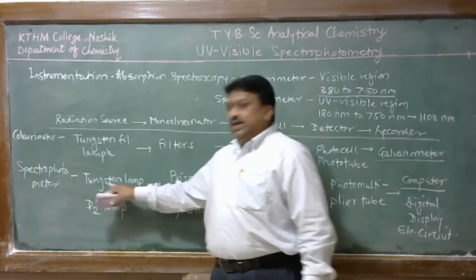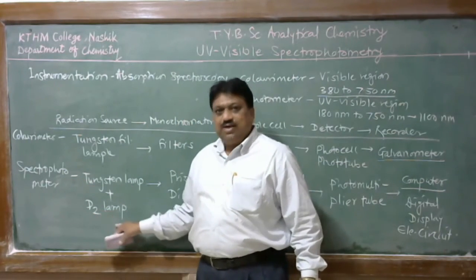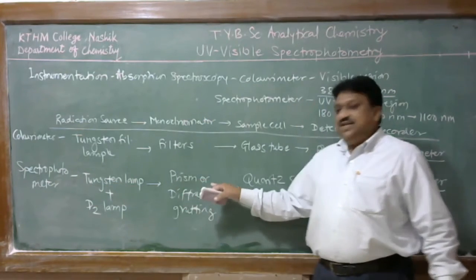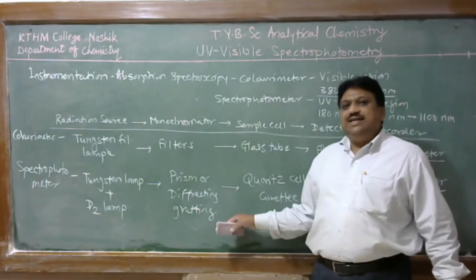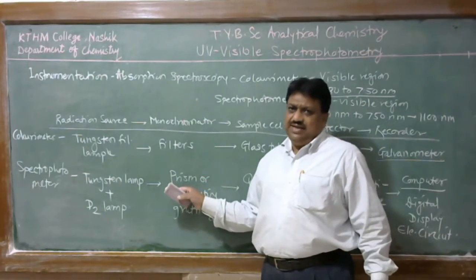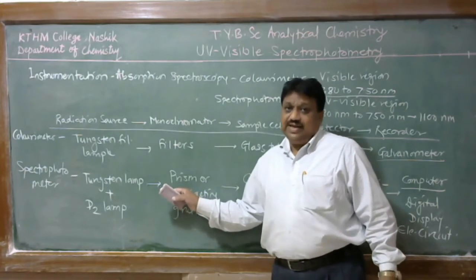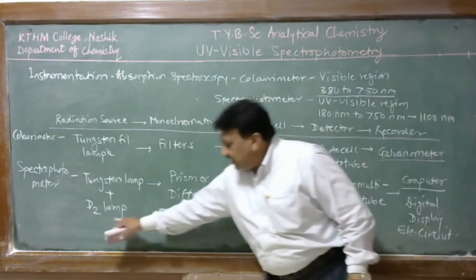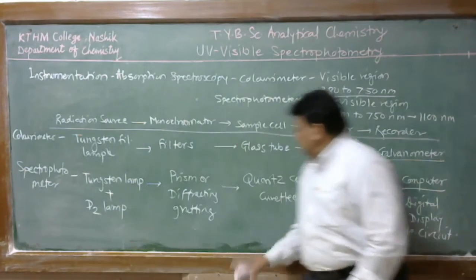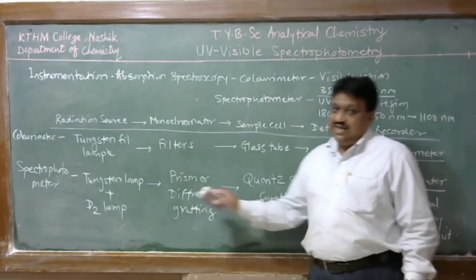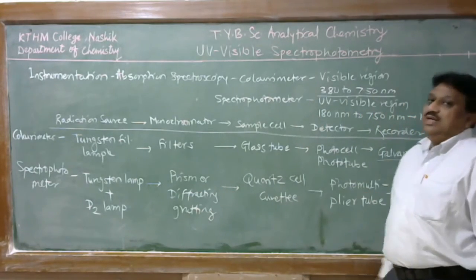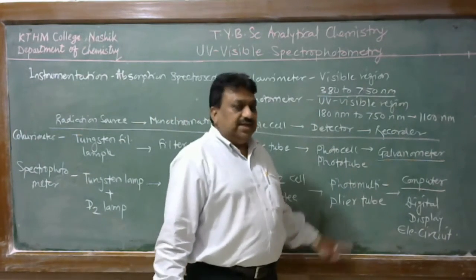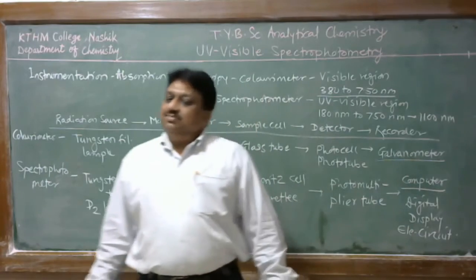While in a spectrophotometer we require the ultraviolet region, obtained by using a deuterium lamp, and the visible region by using a tungsten lamp. A prism or a diffraction grating gives a very narrow bandwidth of monochromatic radiation. Here quartz is used because it is transparent in the ultraviolet region, while glass is not transparent in the ultraviolet region. And a photomultiplier tube, a sensitive detector, is used as a detector in the spectrophotometer, and sometimes a computer may be used as a recorder.